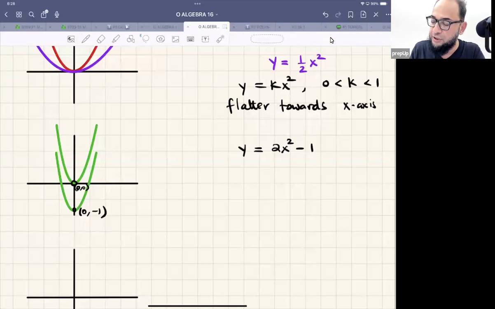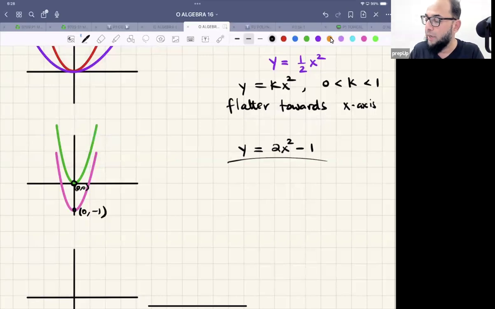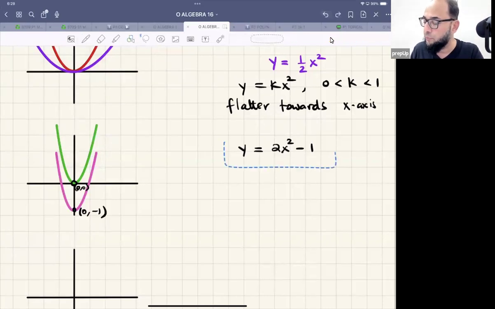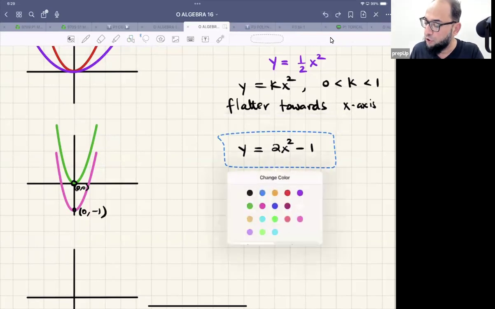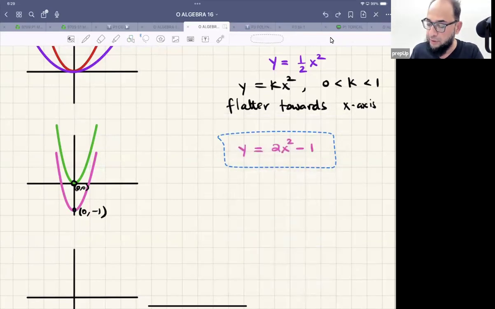So let me change the color over here. This is y is equals to 2x square minus 1. Let me just shift it. Change the color, that's right over here.